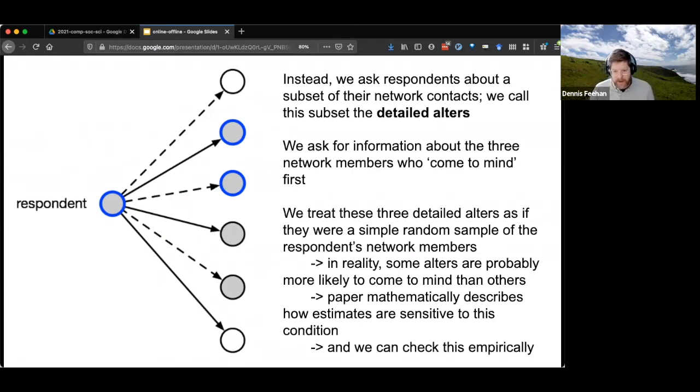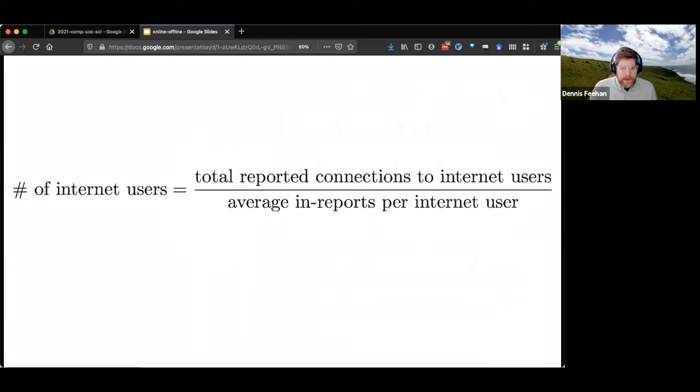There's good reason to think that some alters might be more likely to come to mind than others for respondents, and we think about this assumption a fair amount in the paper. We describe how the results would be sensitive to this condition, and I'm going to show you some ways that we can check all of the assumptions that we make together empirically. But this is one of the important assumptions that we make in our estimates.